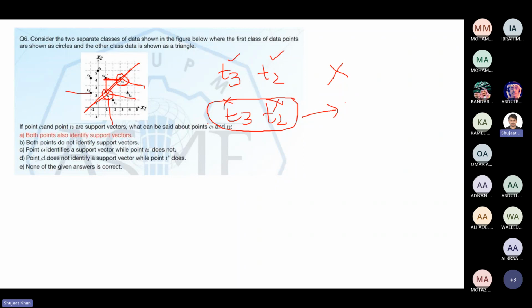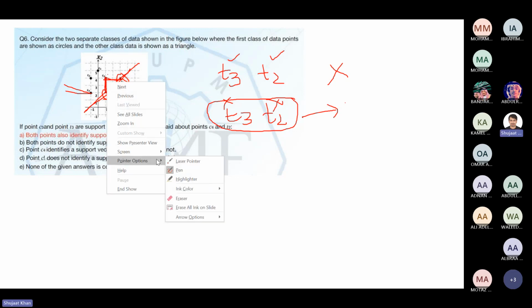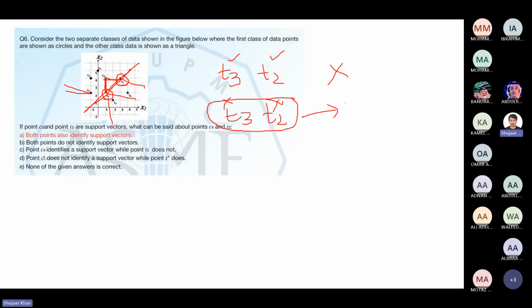Can you say the same thing about C4? Let's see. If you remove C4, the margin is this one. Let me use a different color, the blue one. The margin is this. What if I remove C3? The margin is this.